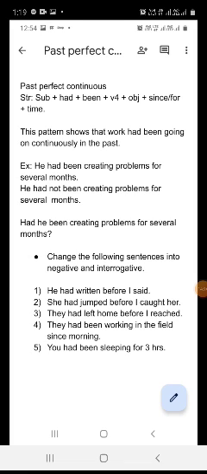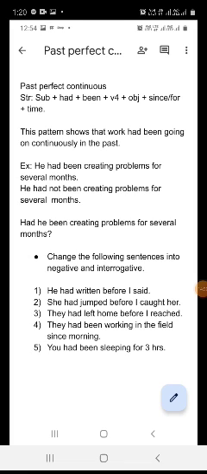This is the example of since or for? Since. But 4 hours. This is the example of for. Quite right. Okay, well, let us see the examples.